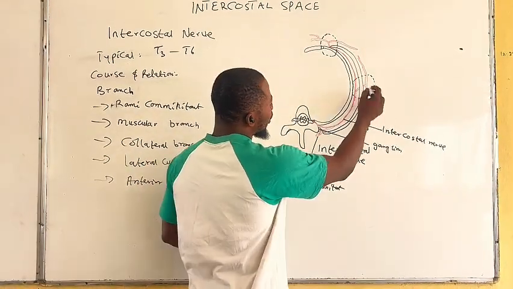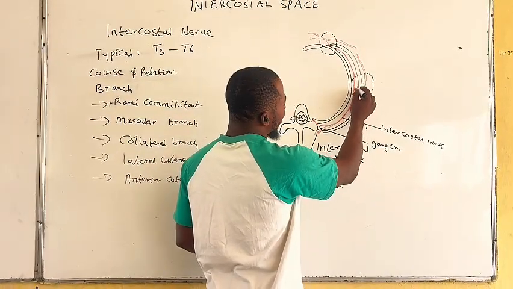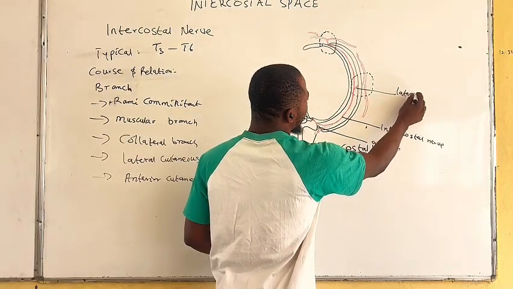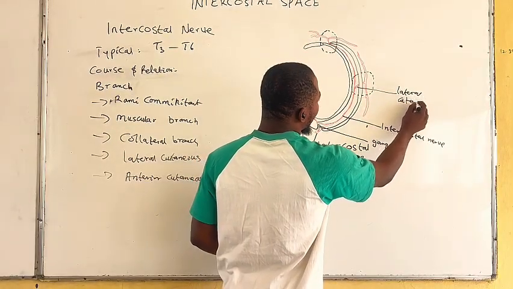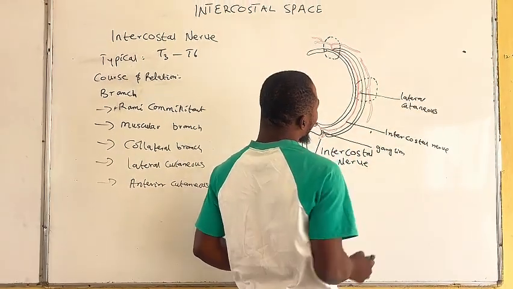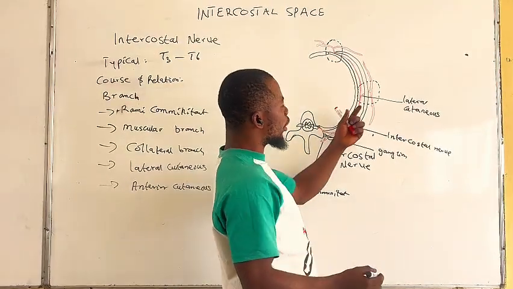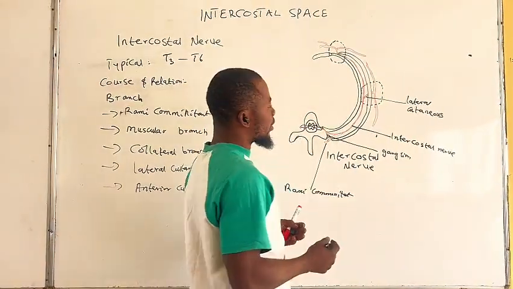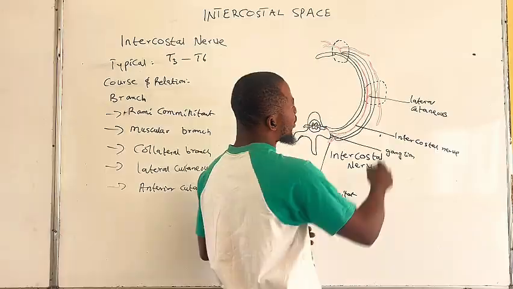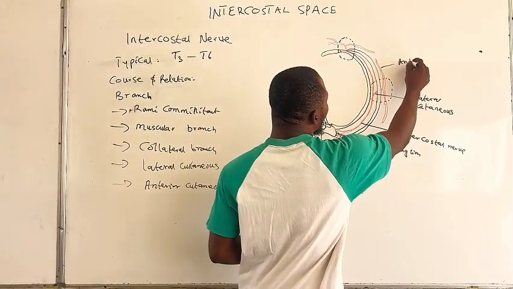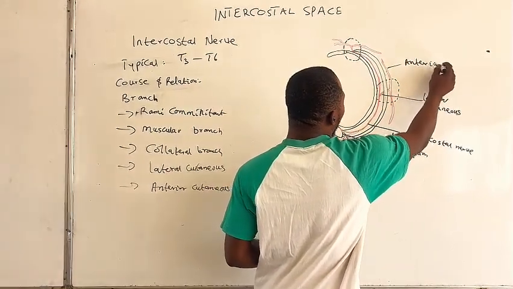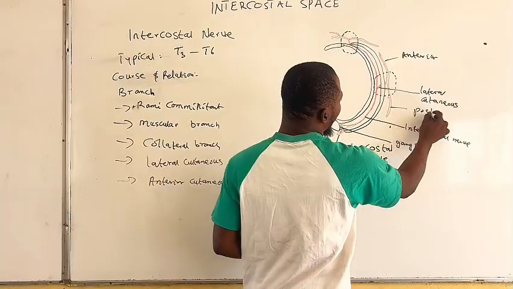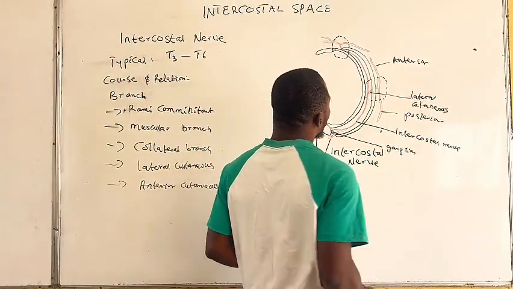Here, this is our lateral cutaneous branch, and we say that the lateral cutaneous branch is divided into two at the mid-axillary line. It's divided into the anterior branch, this is the anterior branch of lateral cutaneous, and this is the posterior branch of lateral cutaneous.